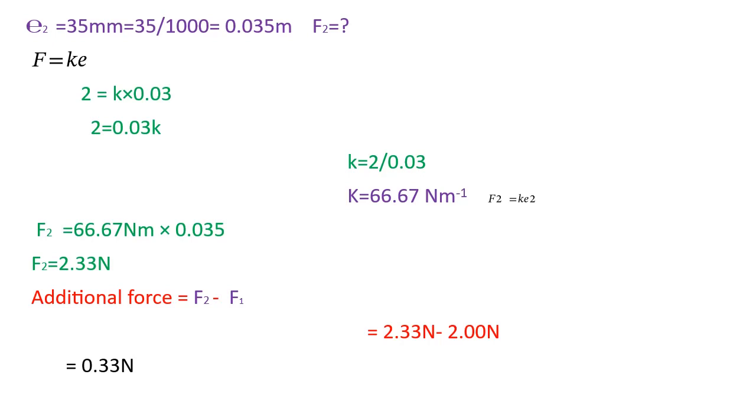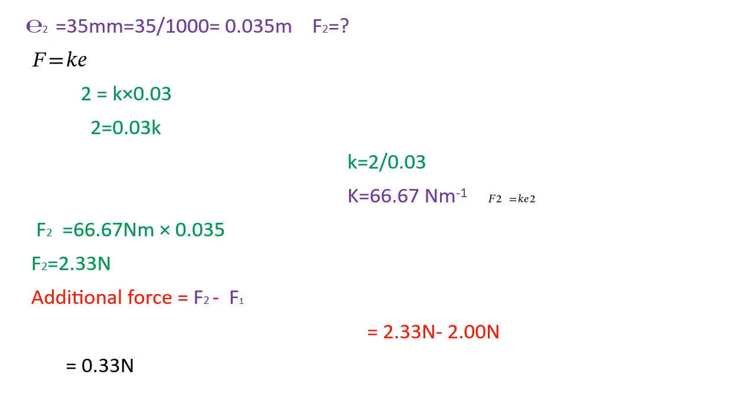Therefore, I have 2 equals 0.03 K. Making K the subject of the formula, we have 2 divided by 0.03. And therefore, our force constant is equal to 66.67 Newton per meter. Hear me, I said 66.67 Newton per meter.